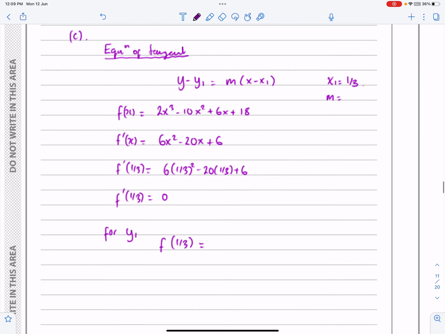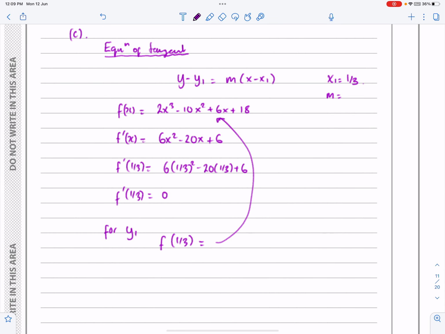So it's a third going into the original equation. Okay, if I do that, I'm going to get 2 lots of a third cubed minus 10 lots of a third squared plus 6 lots of a third plus 18. Just have to chuck it all in the calculator.